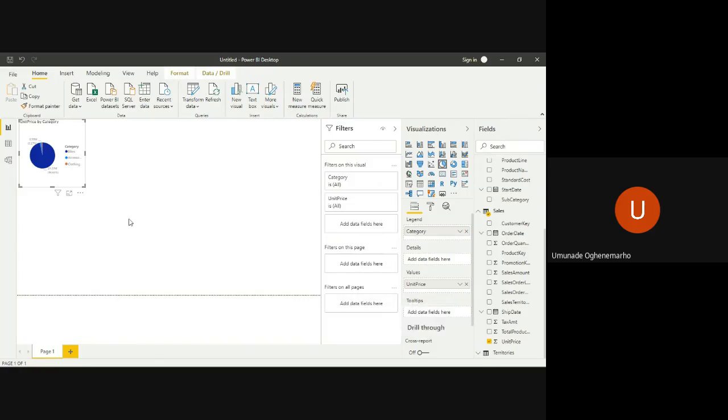Now we can see here that because this thing is super thin, it's not really clear. So we know that we have bikes, we have accessories, and we have clothing.